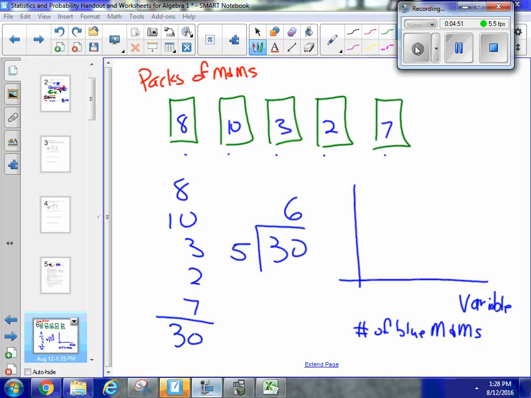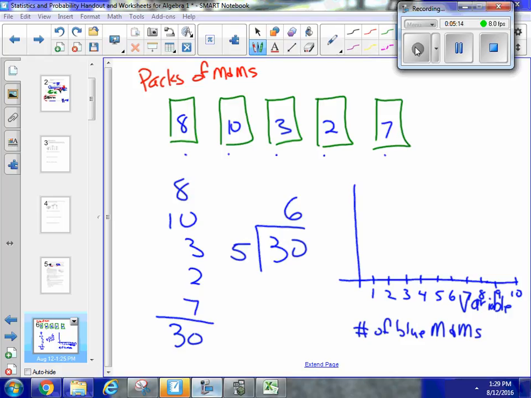So I could have had a pack that had 1, I could have had a pack that had 2, I could have had a pack that had 3. Let's stop at 10. I could have had a pack that had any one of these numbers of M&Ms: one blue M&M, 2 blue M&Ms, 5 blue M&Ms, 8 blue M&Ms.